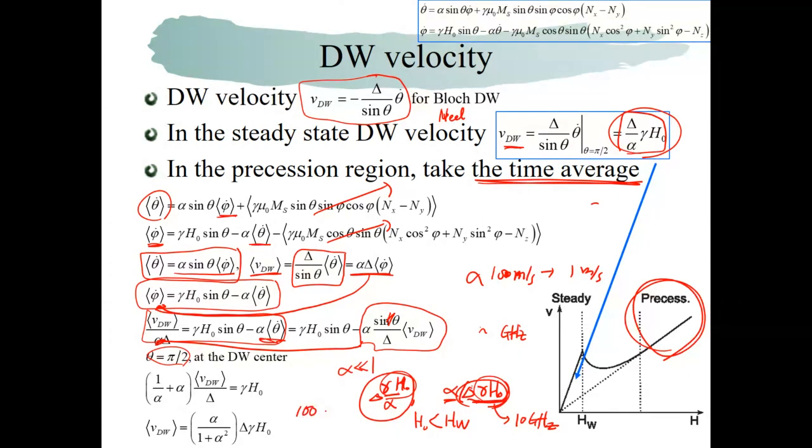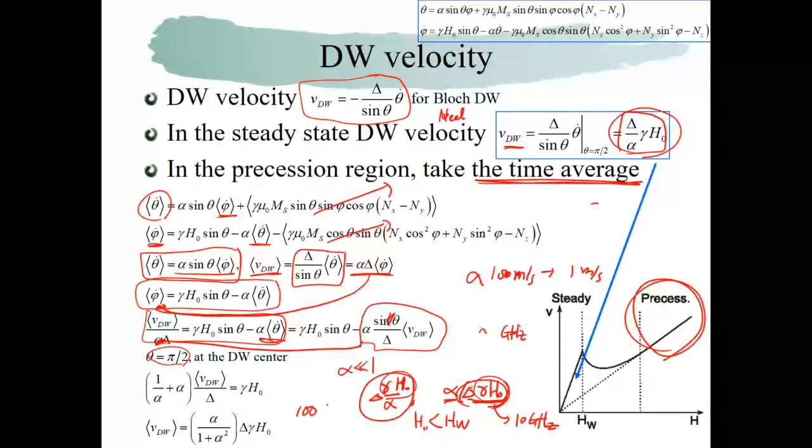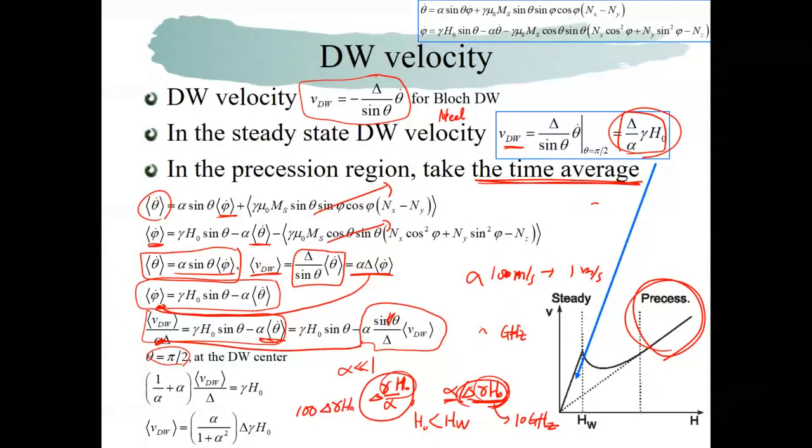So inverse of alpha gives us 100, but delta H0, the H0 is quite small, so we have, let's say, smaller than gigahertz. So this term gives us order of 10, 1 or 10 meter per second. But we have 1 over alpha here, so we can obtain the relatively fast velocity here.